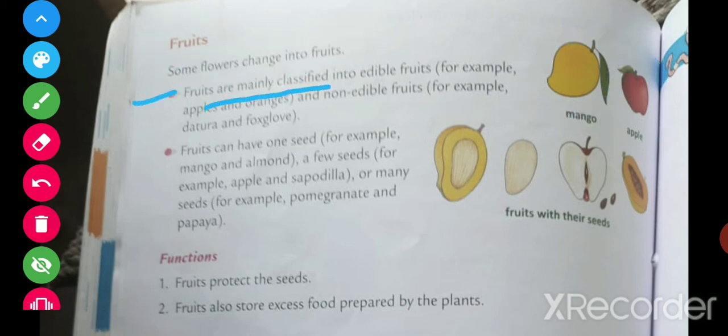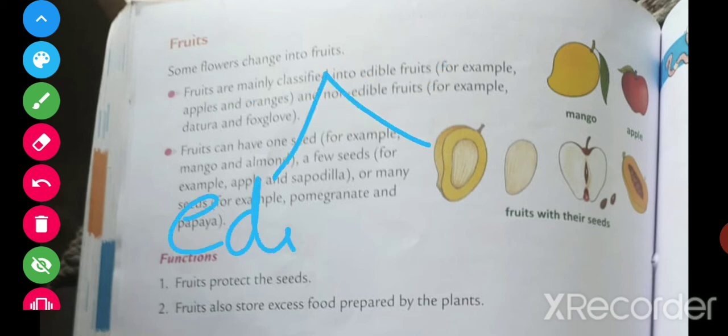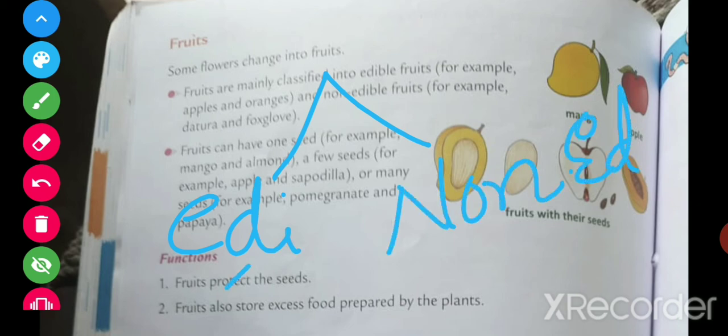Fruits are mainly classified into edible fruits and non-edible fruits. Fruits are classified into two categories. First is edible and second is non-edible. In edible, apples, orange.